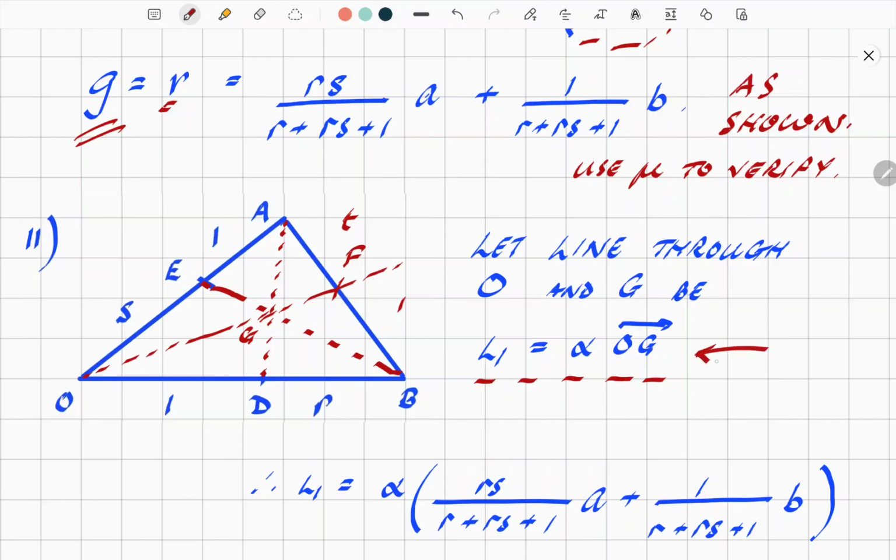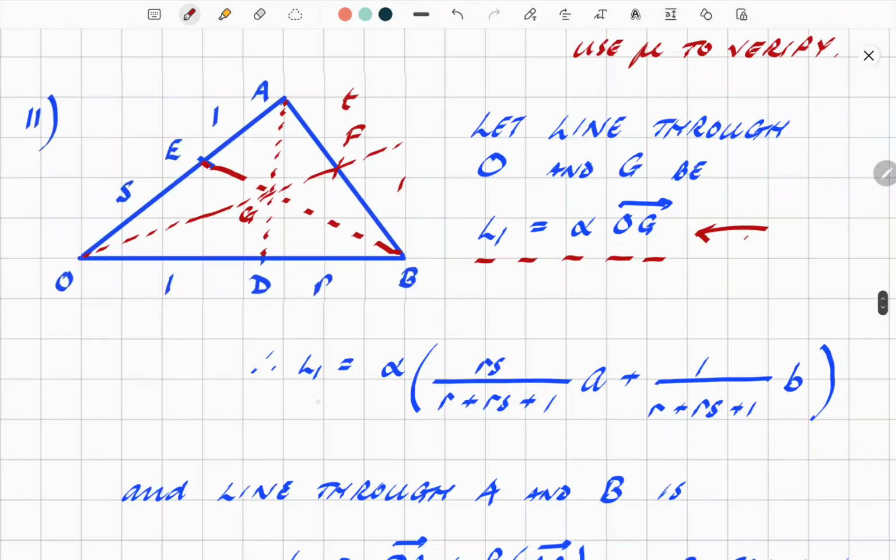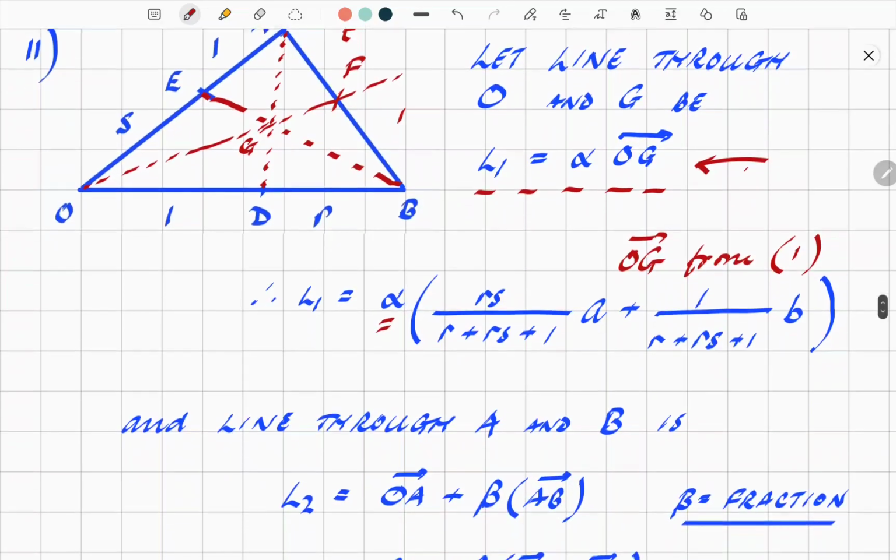All right. So that's the statement there. So L1, expanding on what we've learned for G, the position vector of G, from the previous part of the question, from part 1. And so a multiple alpha times that, okay?